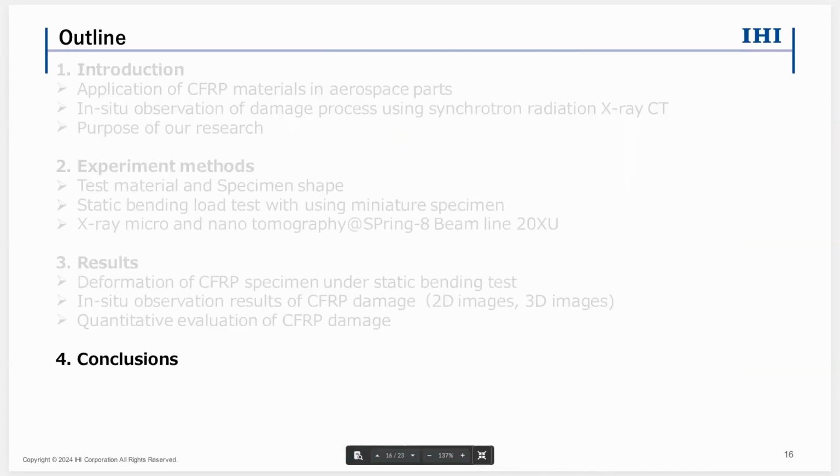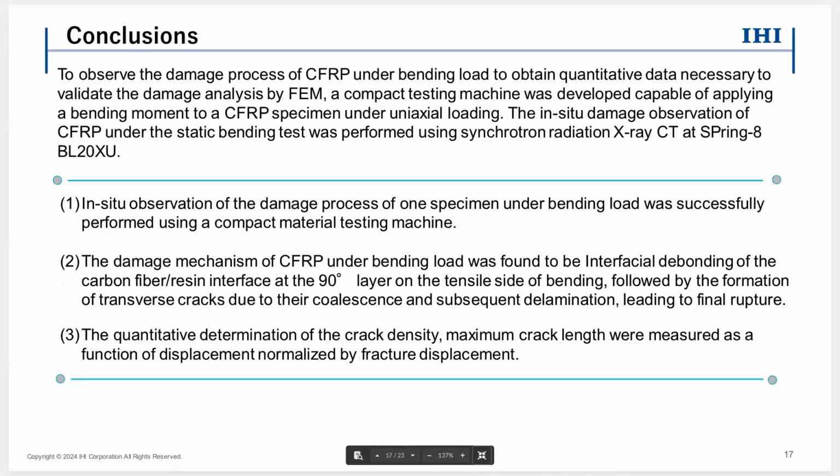So I will talk about my conclusion. In situ observation of the damage process on one specimen under bending load was successfully performed using the compact material testing machine.